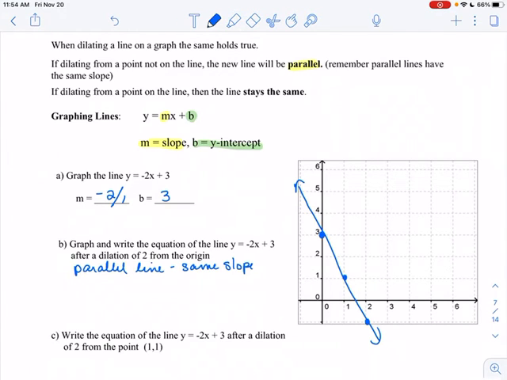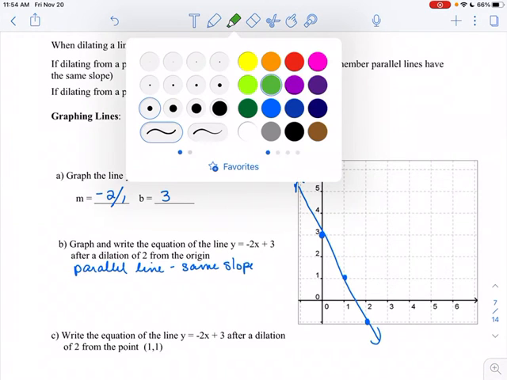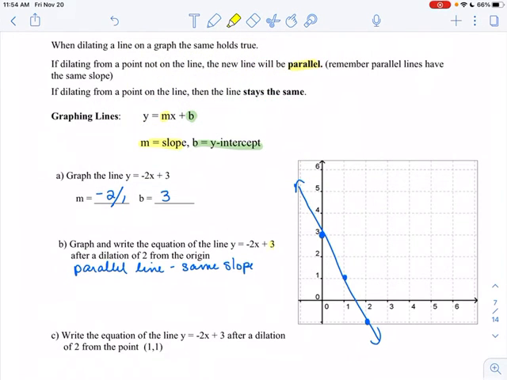My slope will be exactly the same. What's going to happen is that my y-intercept is the thing that's going to be changing. So keep the same slope because it's parallel. Take your y-intercept and multiply it by the scale factor.